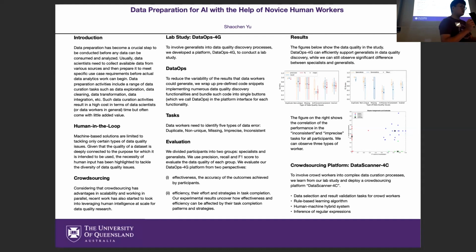Our results show that generalists can produce results comparable to the specialists. So please design your task wisely and provide them powerful tools, and they can give you better results, right? So those are the two takeaway messages, and that's all for my presentation. Thanks.